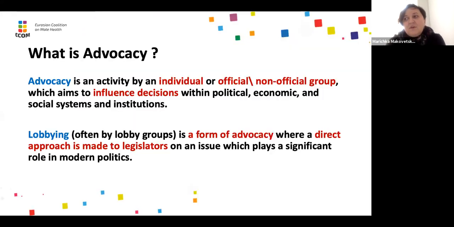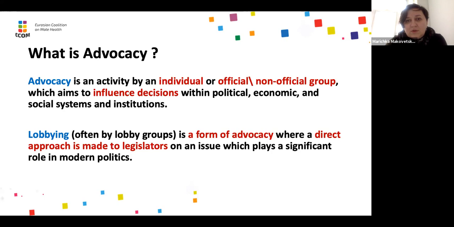M&E and advocacy. Advocacy is an activity by an individual or an official or non-official group. I also want to point out that advocacy can be done by an official group, like a registered NGO or some public group, or a non-official one, which means some activists, patient groups, etc., which aims to influence decisions within political, economic, and social system institutions.